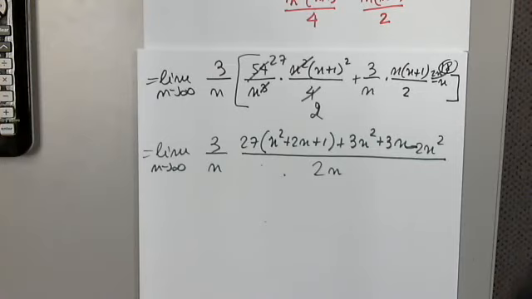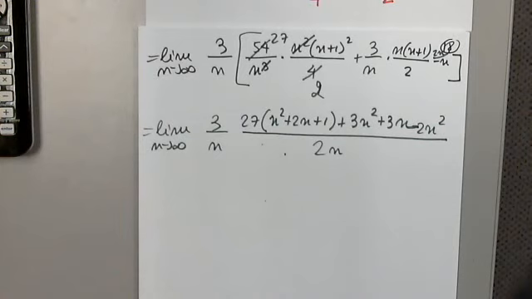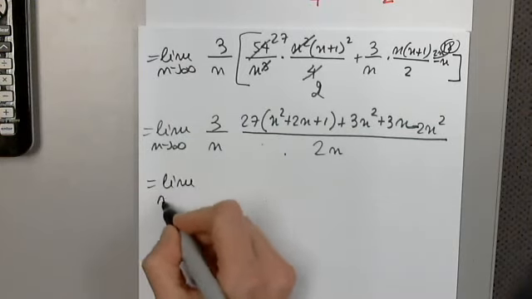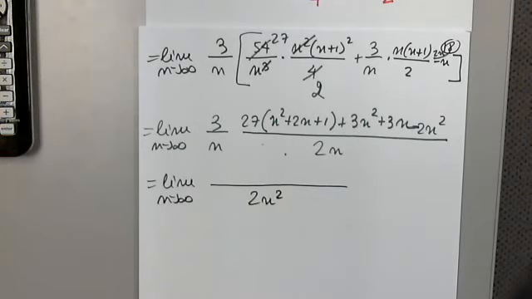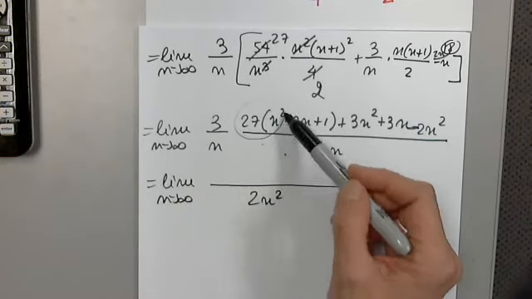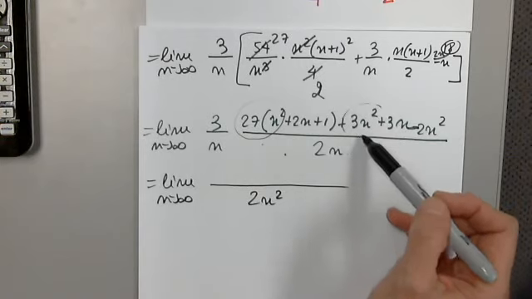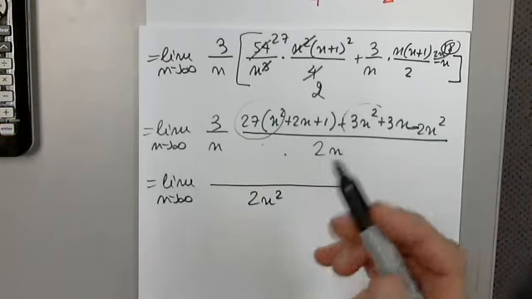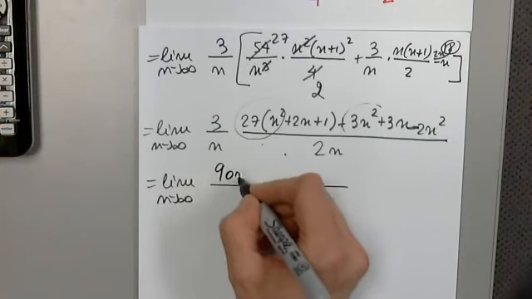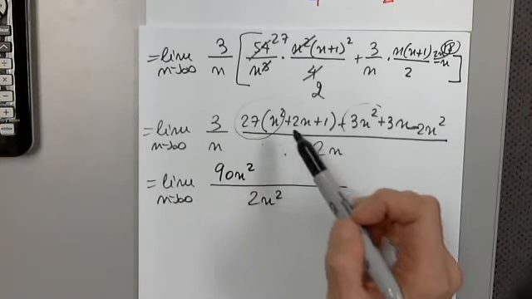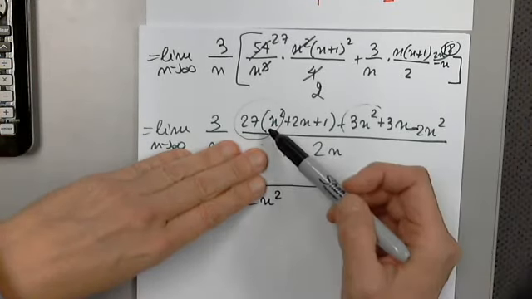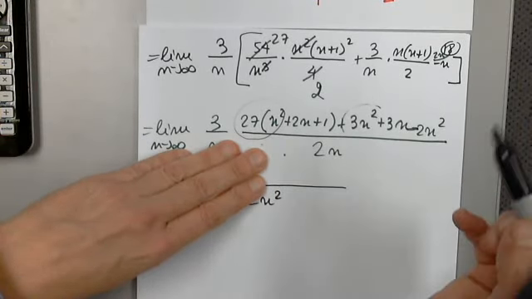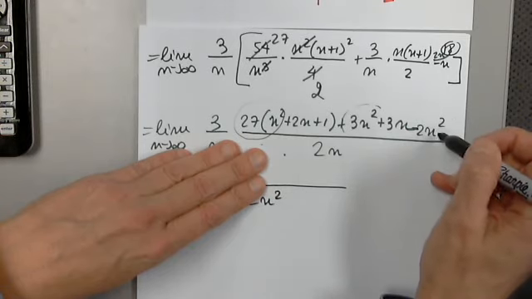I can stop because, oh, actually I have 1 more minute. So then the limit, n approaches infinity, 2n squared, let's see what we have. 27n squared plus 3n squared is 30n squared, minus 2n squared is 28.